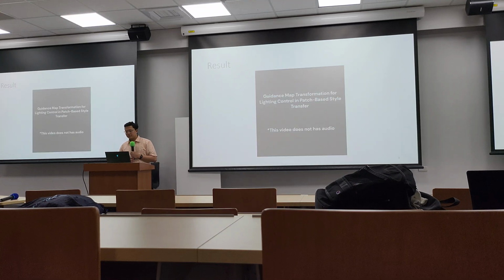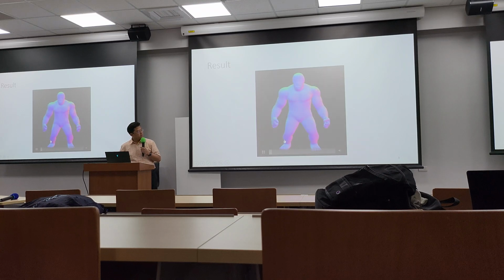And to make it easier for all of you to understand what I mean, this is the result video of the research. This is the baseline result, original mapping. This is the style transfer result with vertical interaction.